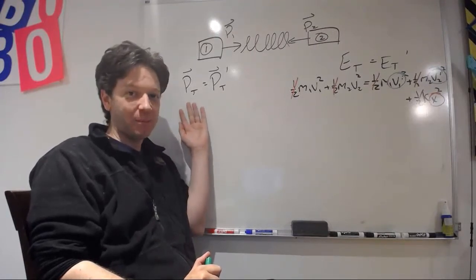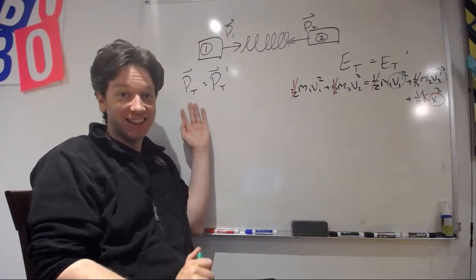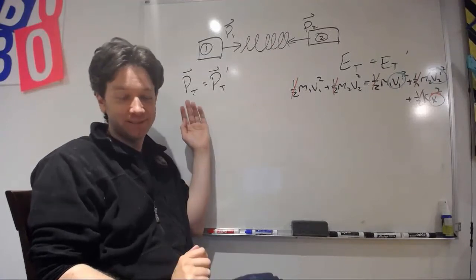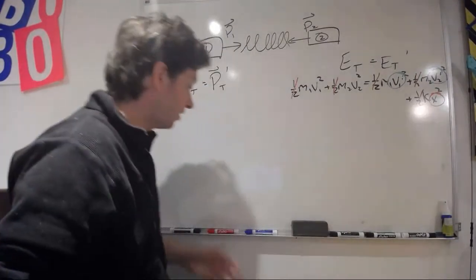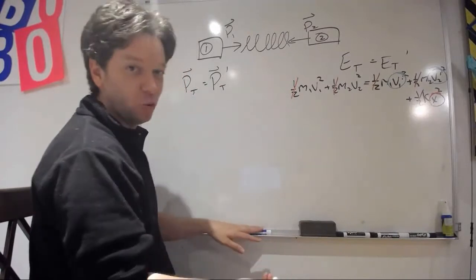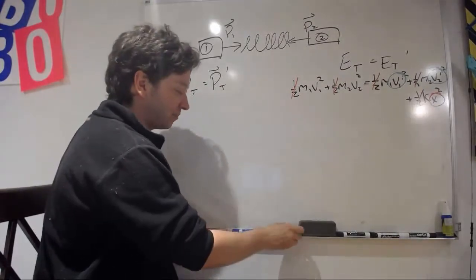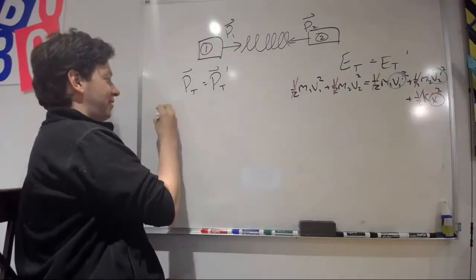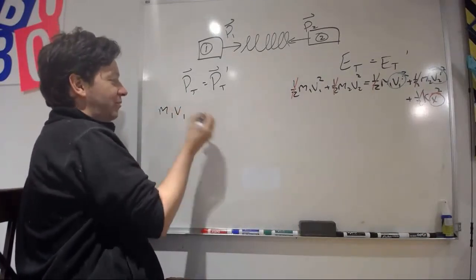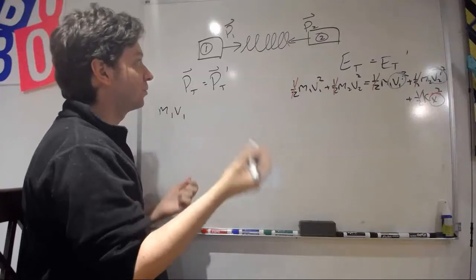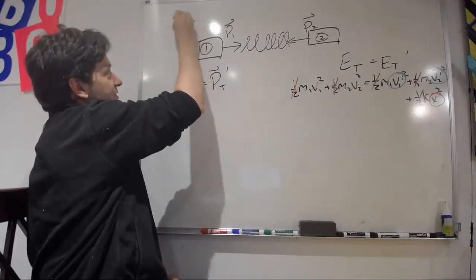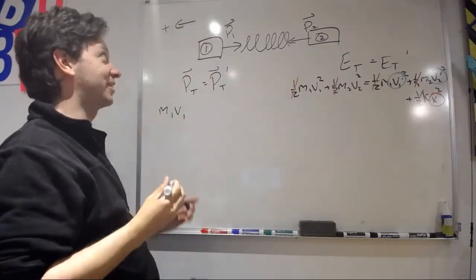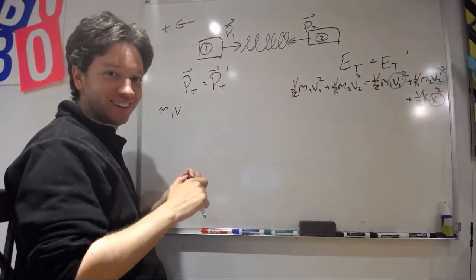Now we're going to come back to momentum conservation. That's where this is going to help us. Okay, but you might be saying, that's 2 unknowns. How's momentum conservation going to help us? Well, let's just start with this. Initially, we have m1 v1. You want to make a direction positive? Let's make left positive. Let's be rebels today and make left positive.